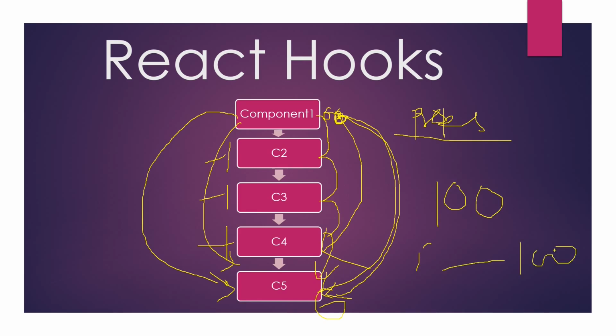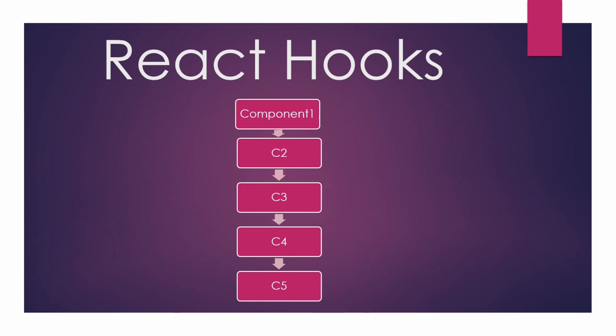It is very difficult. So we can send the data from component number 1 to anywhere we want through context API. That is why we will be using context API.